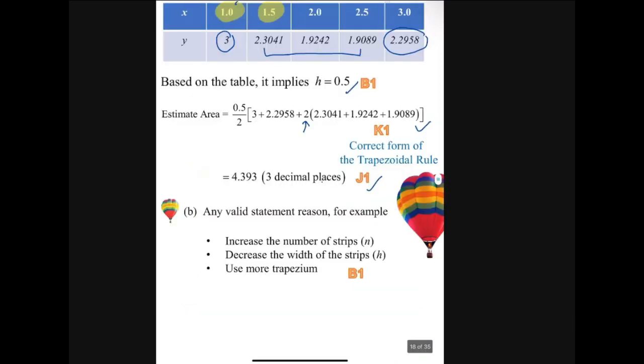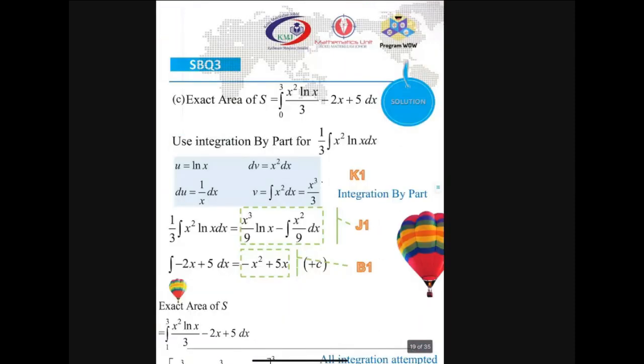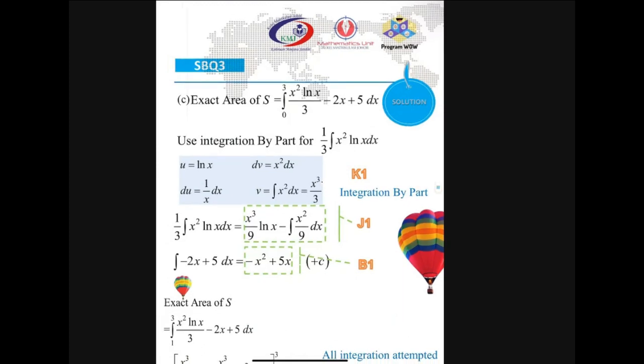So we have to determine the final answer first and then figure out the values of A, B, and C. Our area of S is actually, our limit is from 1 up till 3, and we have our function x squared ln x over 3 minus 2x plus 5.